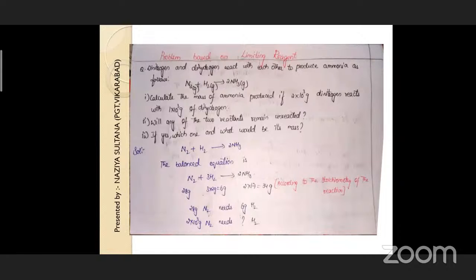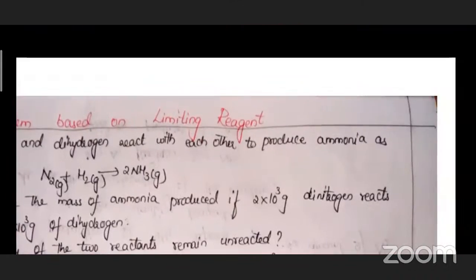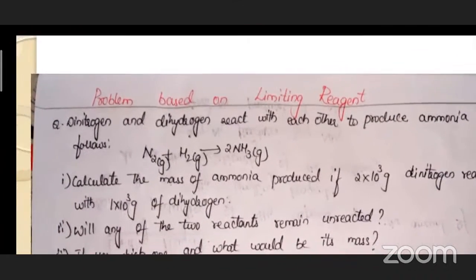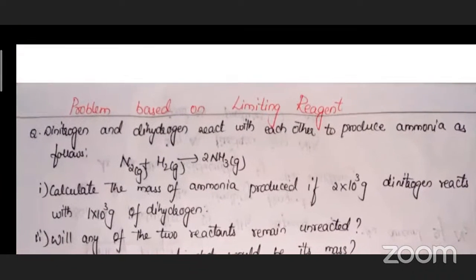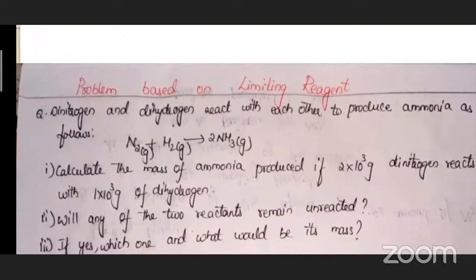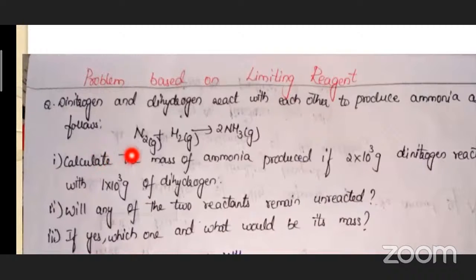Let us see a problem based on limiting reagent. See the question. Dinitrogen and dihydrogen react with each other to produce ammonia as follows. Dinitrogen means N2, dihydrogen is H2.